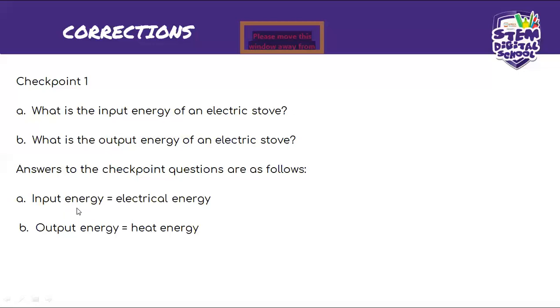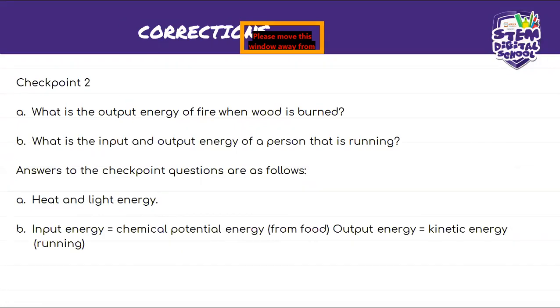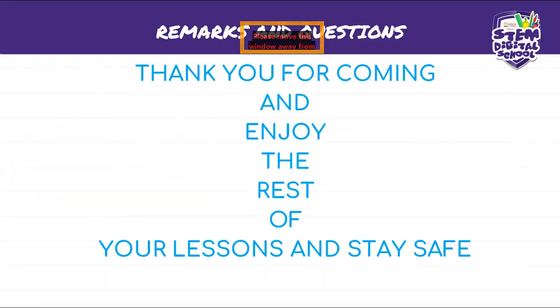Energy, that's very good. Most of you, Bright, Angelina, Corsa, your answers are right. That's very good. So these are the corrections. We were supposed to do this. We did this yesterday.